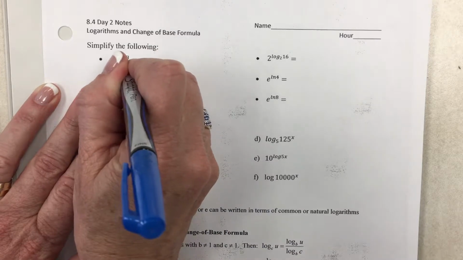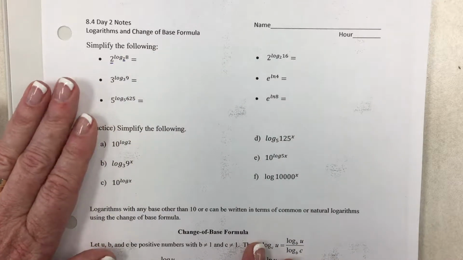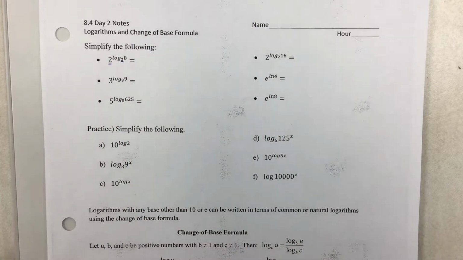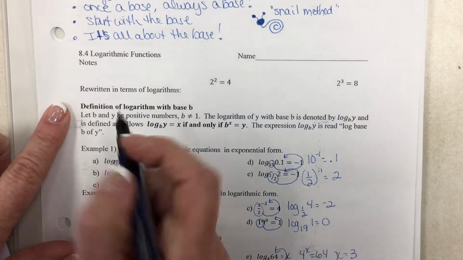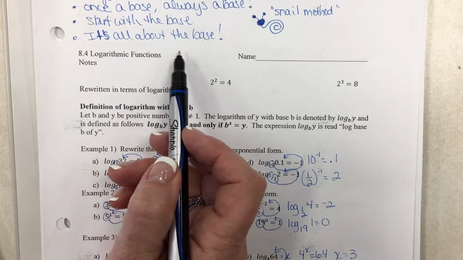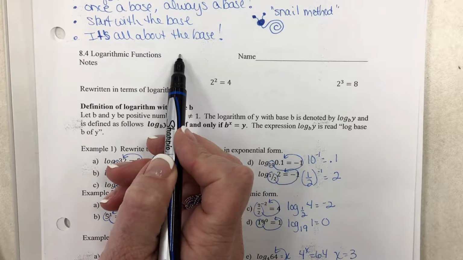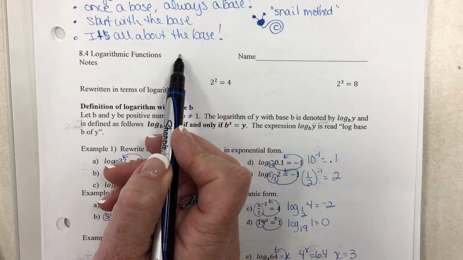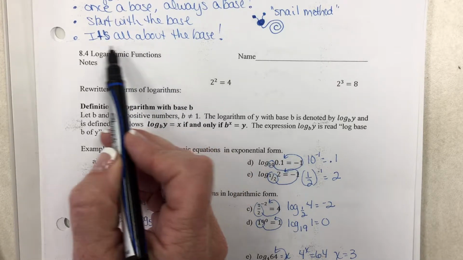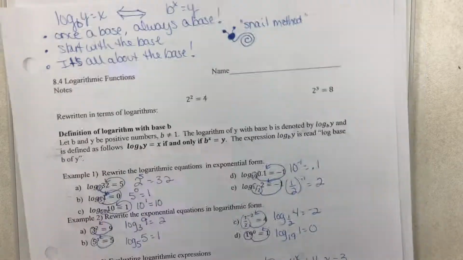2. And it goes back to what we talked about yesterday. It's all about the base. Okay? So yesterday it was kind of fun, kind of cutesy, but it really is. It really is, especially today. It's all about the base. All right?